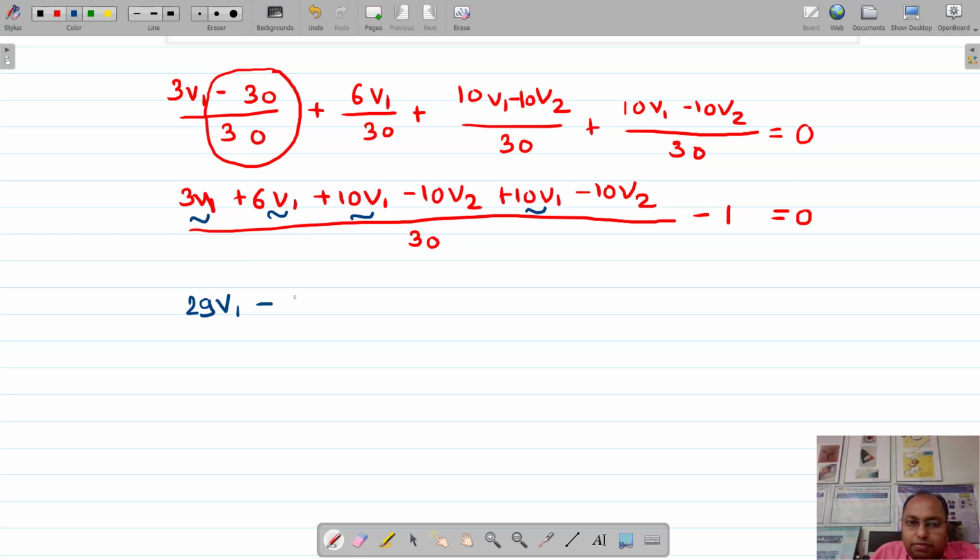And minus 20 V2, isn't it? So this 10 V2 and this 10 V2 will be added together and their minus sign will be as it is, divided by 30. Now let us bring this minus 1 to the right hand side, so it is going to become plus 1, isn't it?